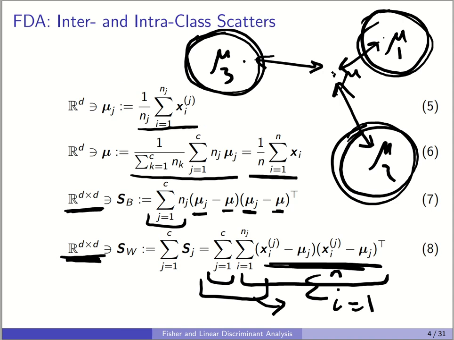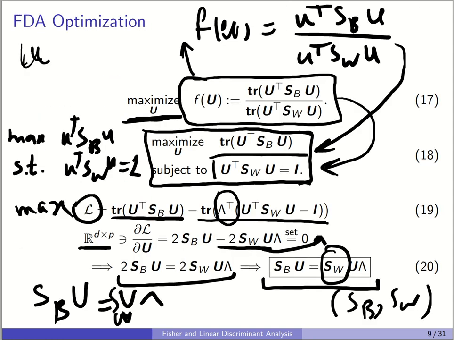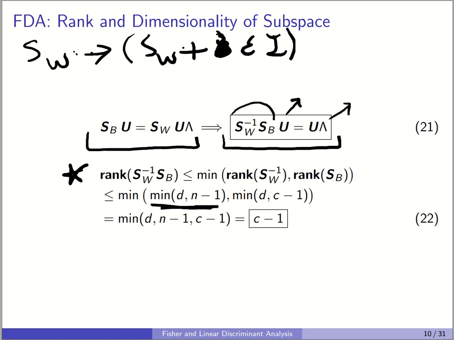So the rank of SB is minimum of C minus 1. Again, the reason for the minus 1 is that when we have a summation over something, the rank is the minimum of the dimensionality of that matrix and the number of iterations in the summation minus 1. So here we have minimum of d and C minus 1.